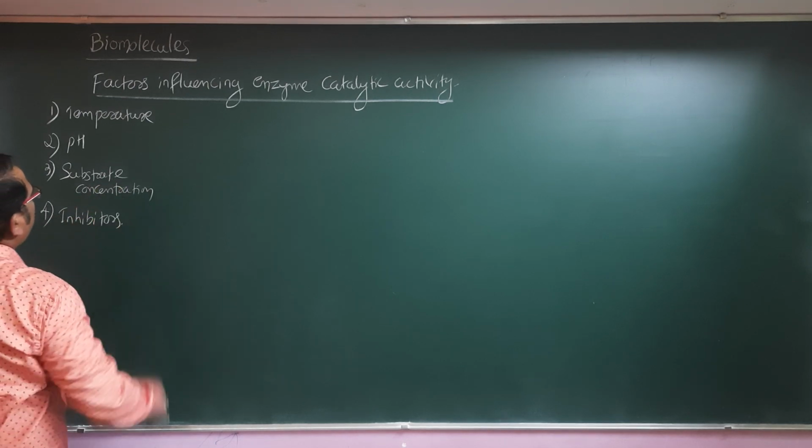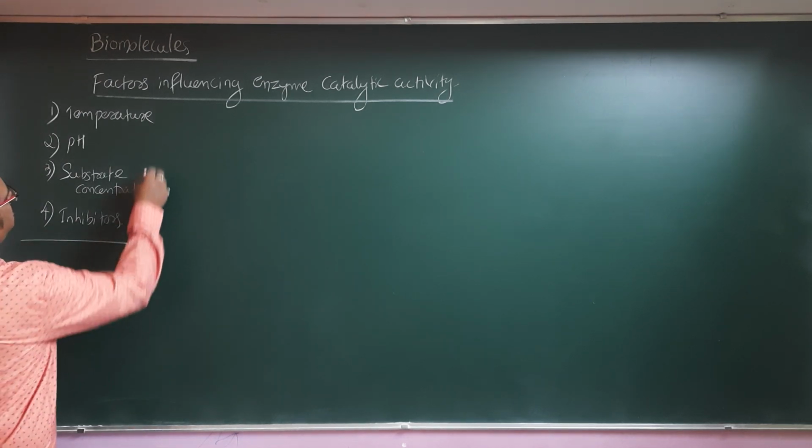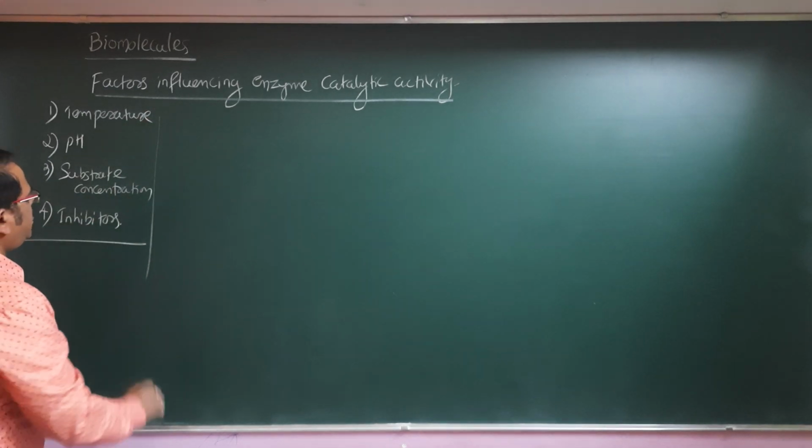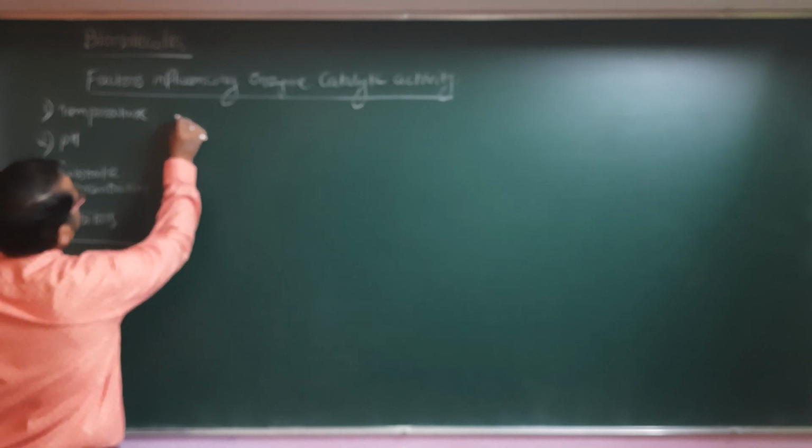Inhibitors are also known to mainly affect the enzyme activity. So we need to understand all these one by one. Let me tell you here, when we talk about temperature, so first let us consider temperature.